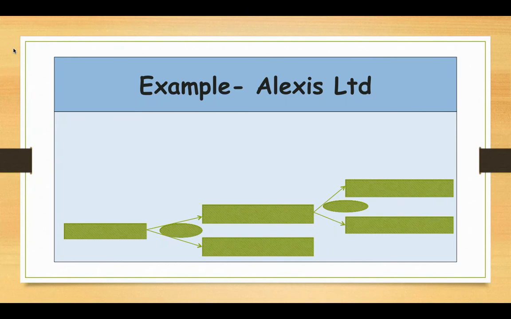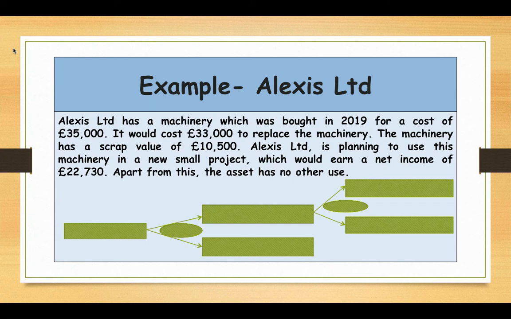As we all know, in order to understand a topic thoroughly, you must do as many questions as you can. So here we are going to see this example, Alexis Limited. We'll have a quick look at the question. Alexis Limited has a machinery which was bought in 2019 for a cost of £35,000.